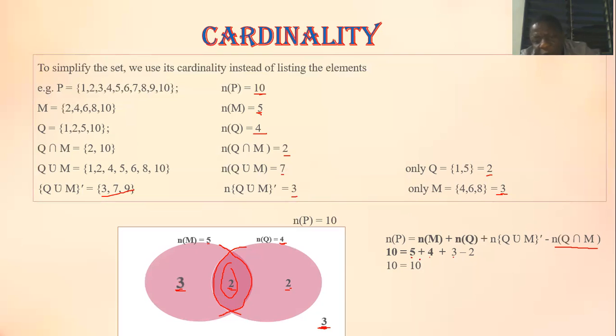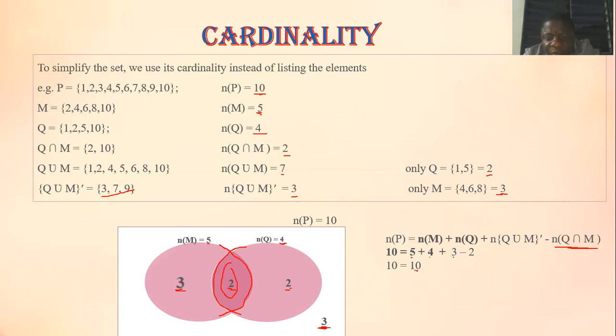So if we add all these figures, it will now be 5 plus 4 plus 3, making 12. So to have the equation balanced, we have to subtract the intersection once because we counted it twice. Instead of adding it once, we added it twice. Therefore, we have to subtract it once from the answer so that our equation will balance.